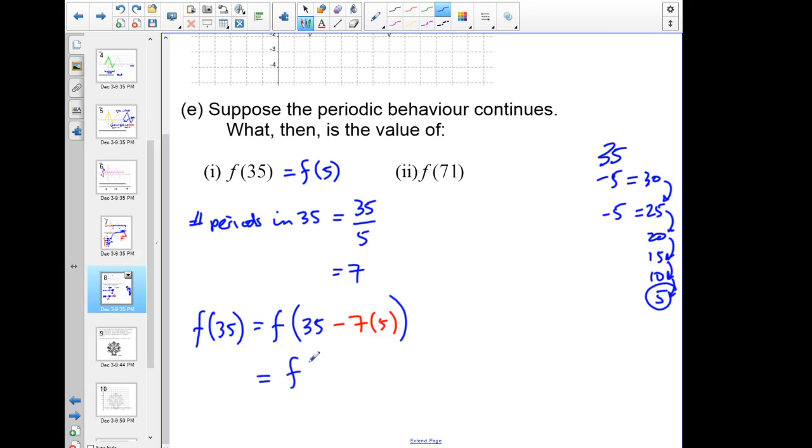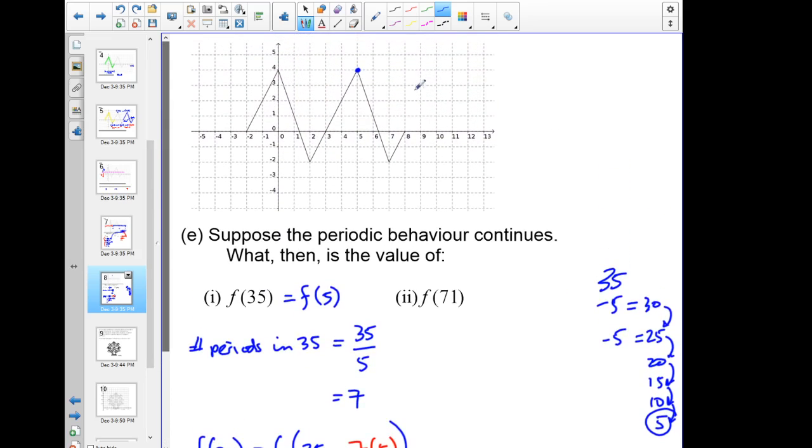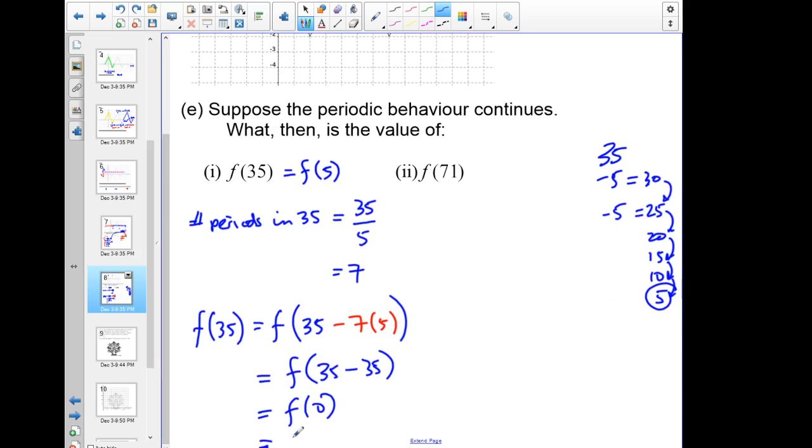And of course, that's just f of 35 minus 35, which is f of 0. We figured that out graphically. Actually, we didn't go quite that far. We went down here to 5. But of course, f of 0, which takes us right down to the first cycle, has the same y value as f of 5. And the answer to that is 4.